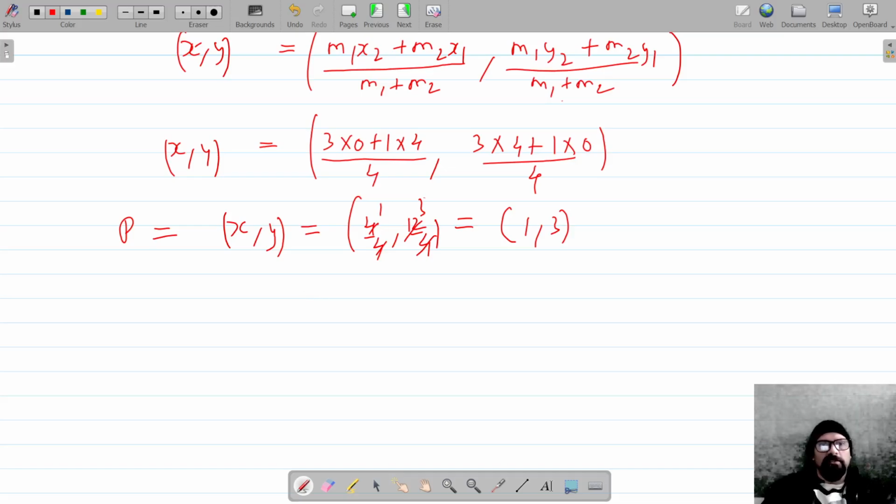And the third part says that we have to find the equation of the line passing through P and perpendicular to AB.